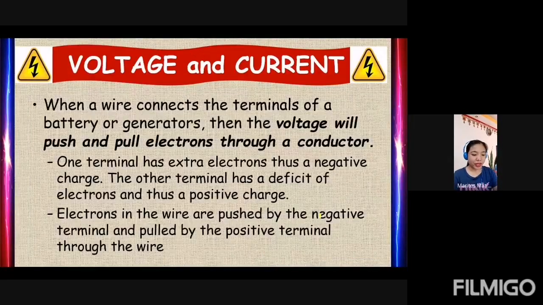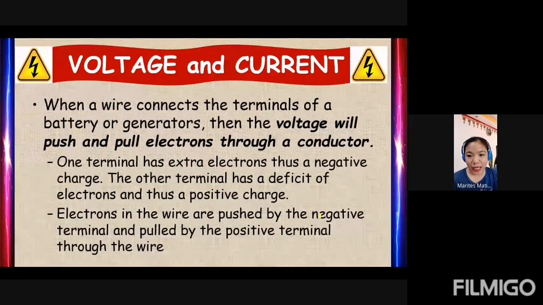So next. So if we will compare voltage and current, so what's the relationship between the two? So when a wire connects the terminals of a battery or generator, then the voltage will push and pull electrons through a conductor. Okay, ano yung nagsisilbing conductor natin dun sa electricity natin?